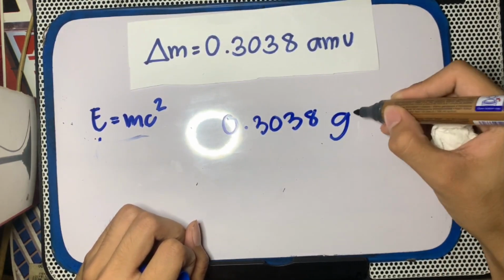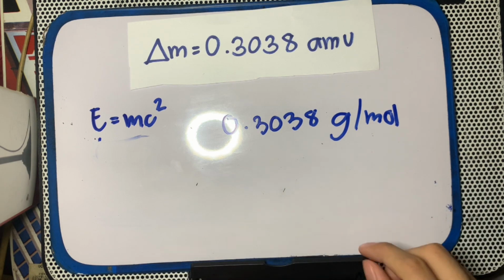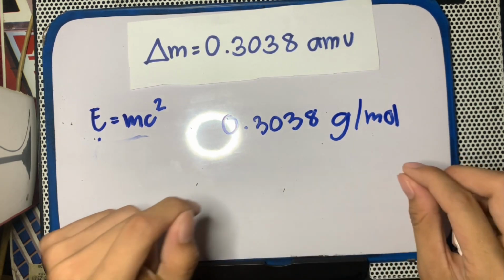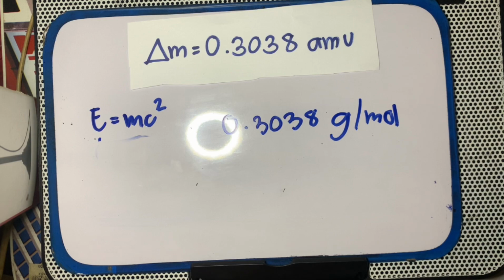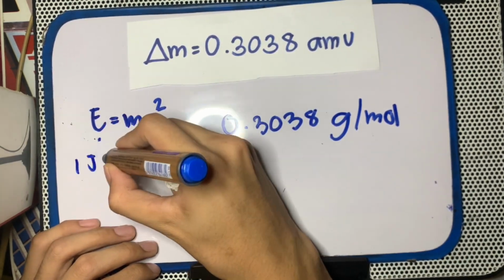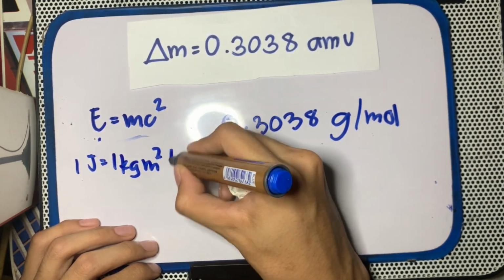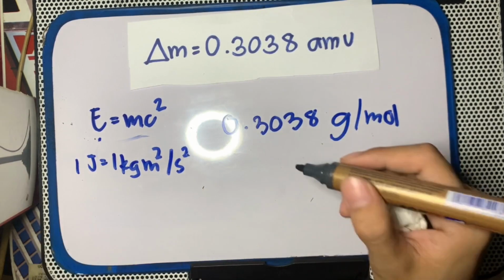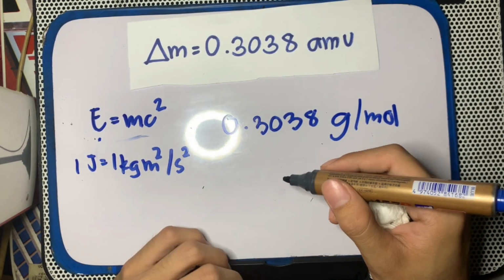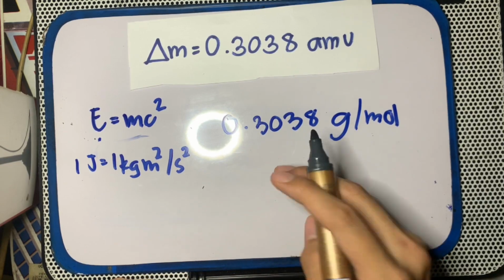0.03038 grams per mole. So para naman ma-fill up natin yung ating mass energy equivalence equation, we need to turn these grams into kilograms. So we need to convert this into kilogram.